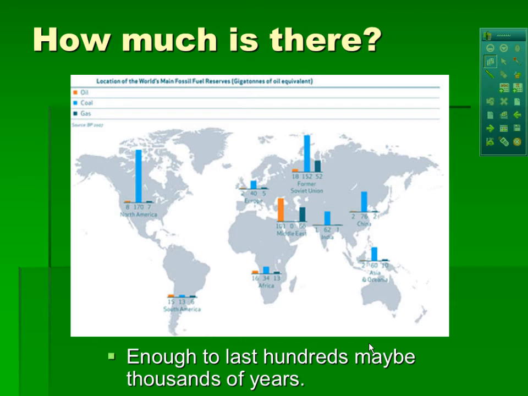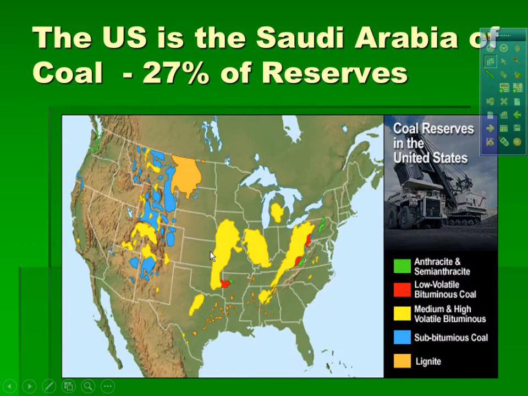So you can see compared, the light blue is the coal compared to the oil or the gas. There is overall over the world a lot more coal than other stuff. Okay, we have 27% of the reserves, so the U.S. actually has a large amount of this coal resource available.